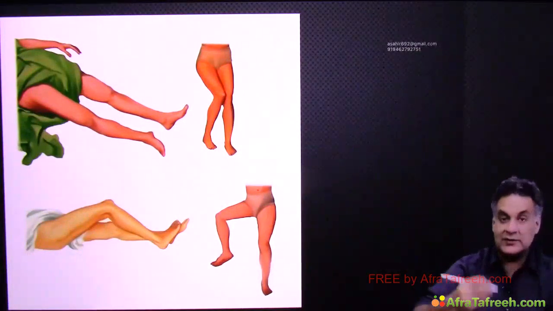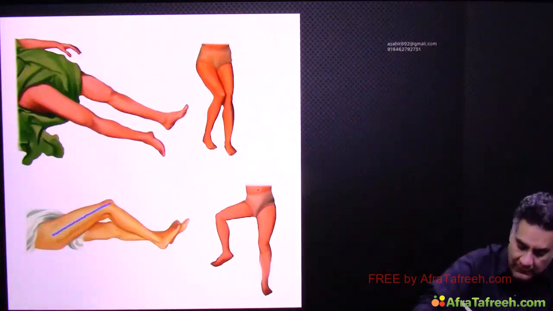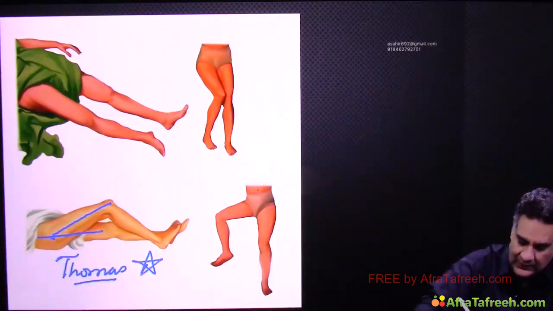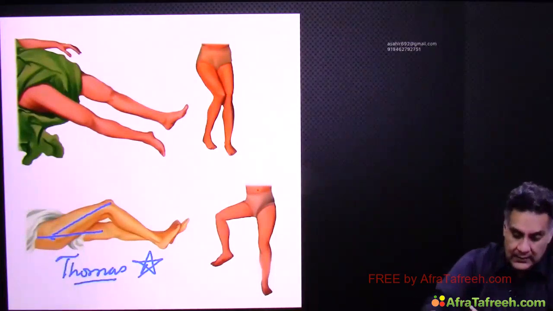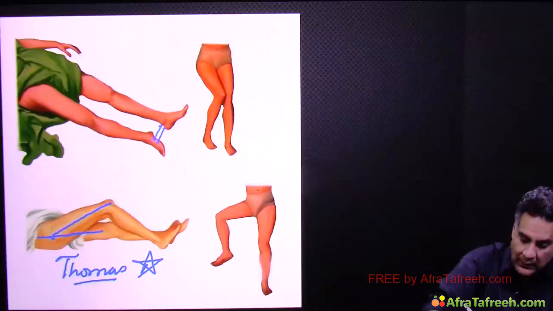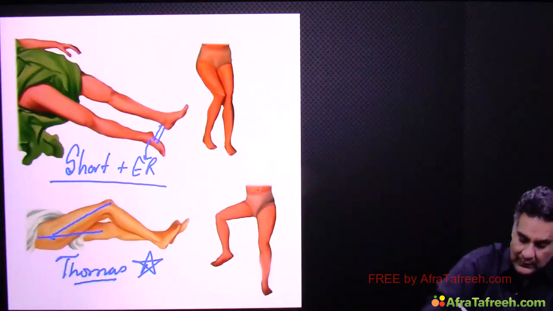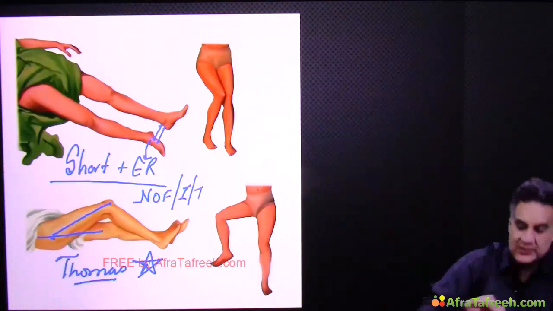Let's have a look. What is it showing? Hip flexion deformities. Thomas test. Very commonly asked in entrance exams. Then shortening of the limb along with external rotation, classical of fracture neck of femur and intertrochanteric fractures.